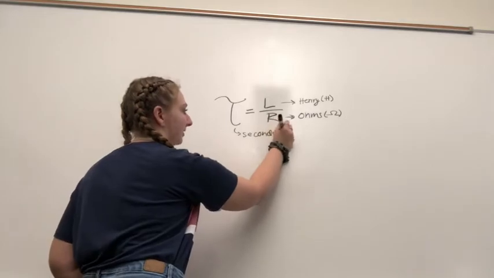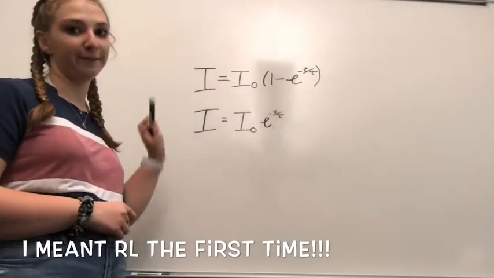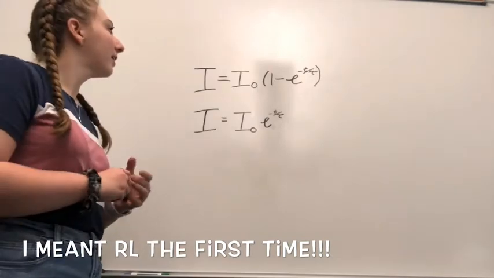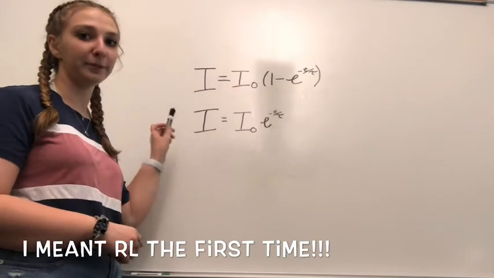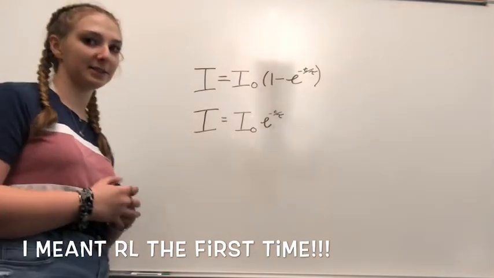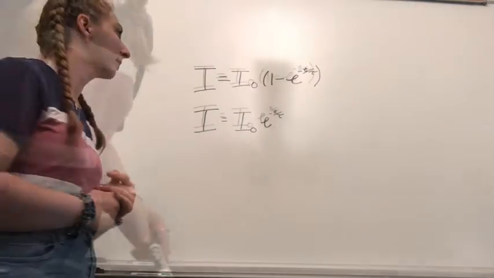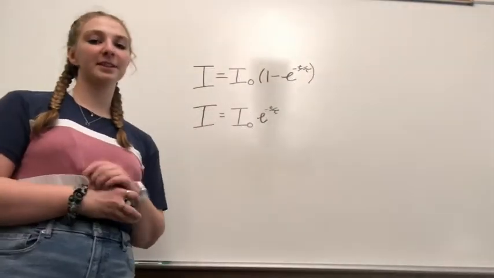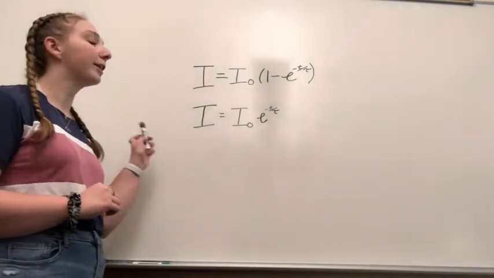Alright, the next two equations are very important in the RL circuit. If you look at them, they should look pretty familiar. They look very similar to the equations for charging and discharging in RC circuits. Now instead of looking at the change in charge, we're looking at the change of current.